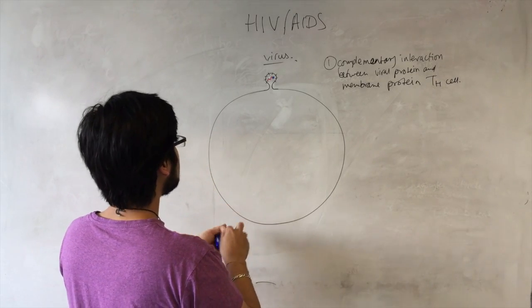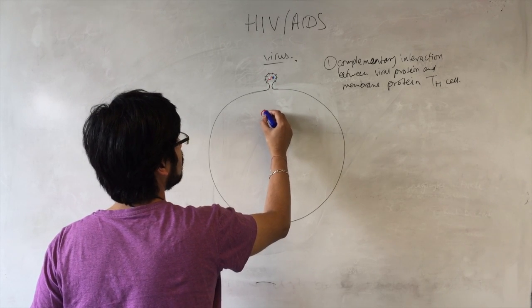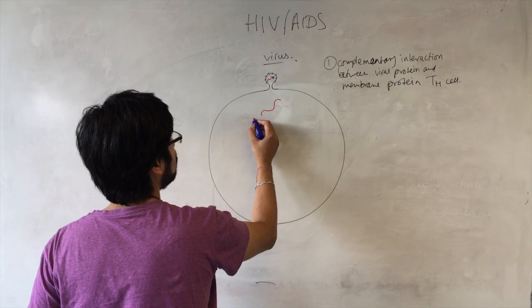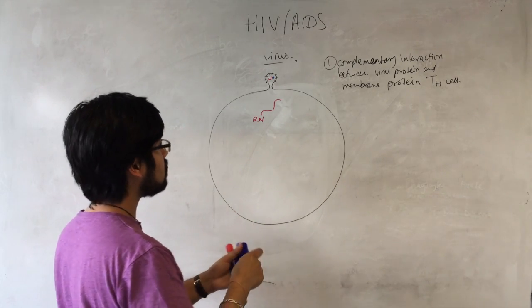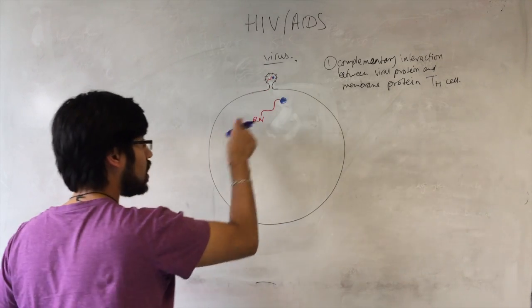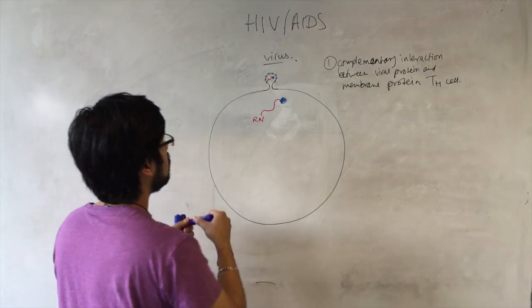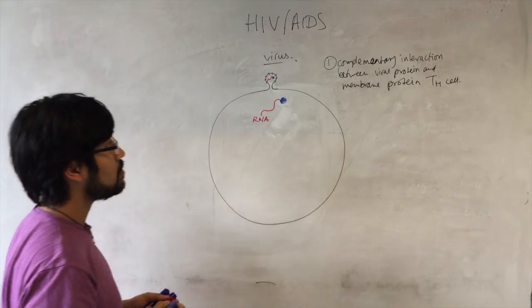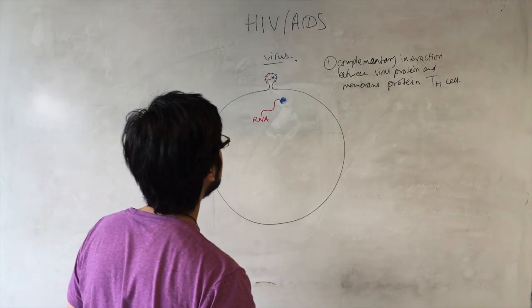So what happens is, now I'm just going to draw it bigger so you can see it. Now the viral RNA and the reverse transcriptase enzyme are both in the cytoplasm of the T helper cell. All right, so virus has entered the cell essentially.